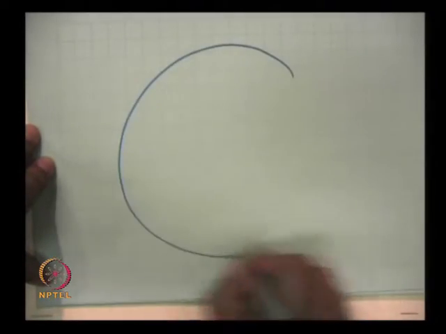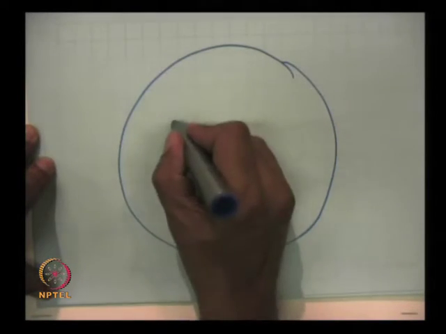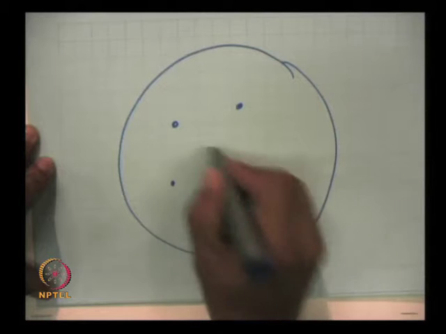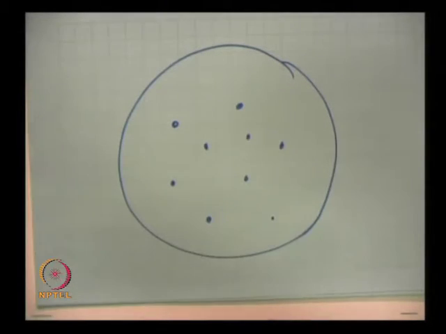So let us look at the following problem. Suppose there is a big disk, which is some kind of a region, and you have a set of points inside this region. Let me start by asking you a simpler question.